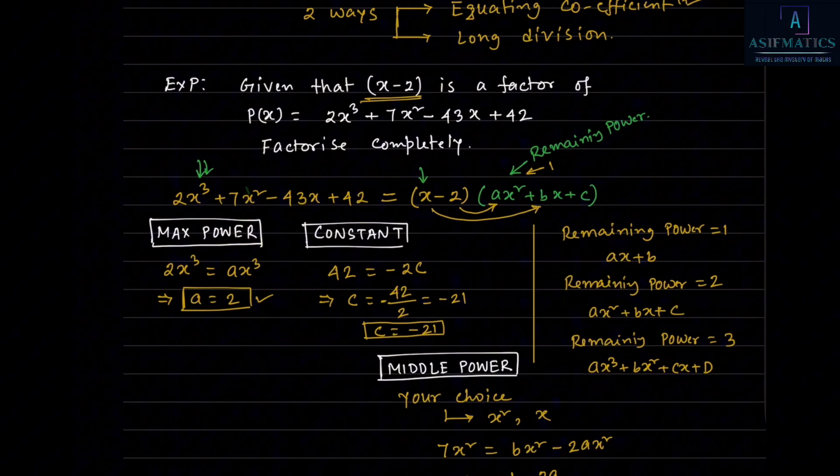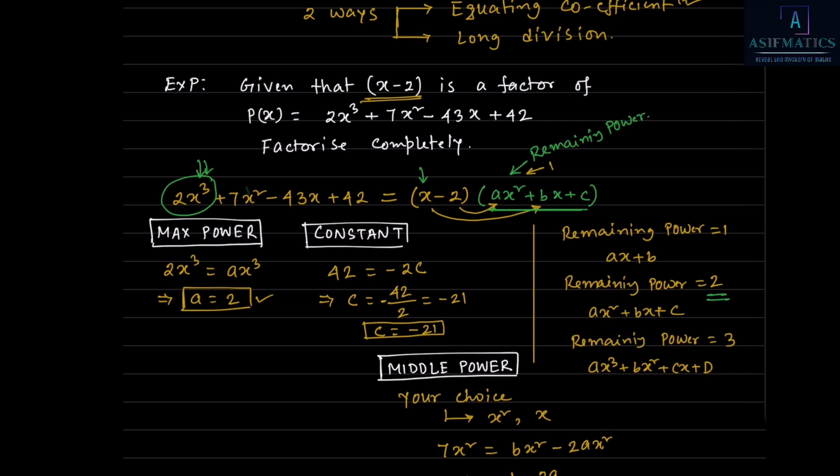The power of x is 1, and your maximum power on the left side is 3, sorry, this is 3. So you have remaining power 2. If the remaining power is 2, that means the rest of the factor will be a quadratic function. So you write the general quadratic function, ax squared plus bx plus c.